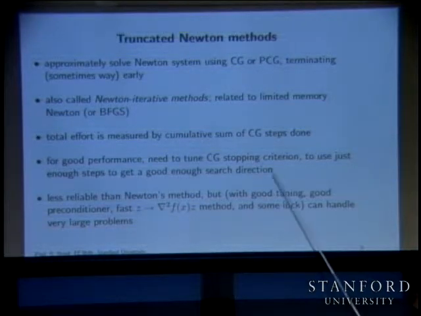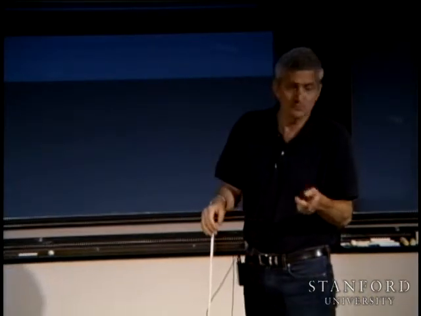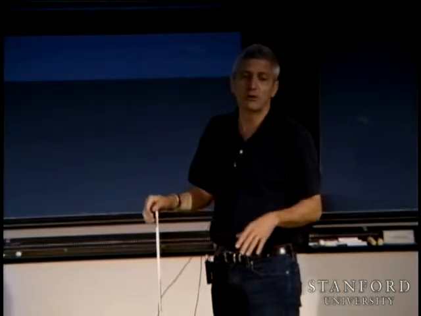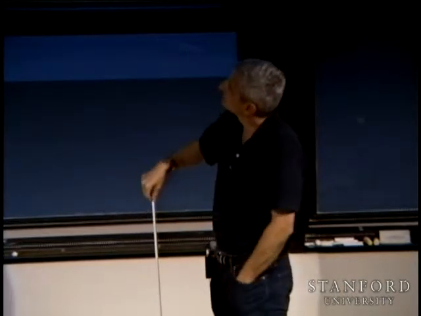If you use too many CG steps, you're going to get a nicer search direction, but it's going to take you longer to get there. If you use way too many CG steps, you're basically doing Newton's method. That's great because now, whatever it is, 12 steps, it's all over. But each of those steps is going to involve 4,000 CG iterations or something. At the other extreme, if you have too few steps, you're basically doing gradient descent. It's going to jam, and it's going to take a long time.